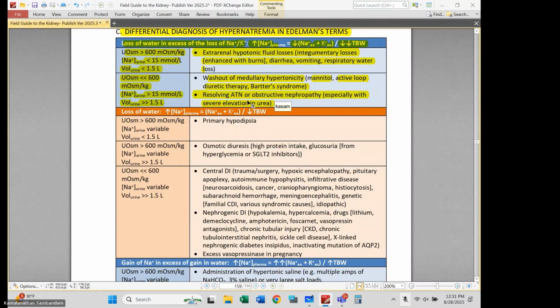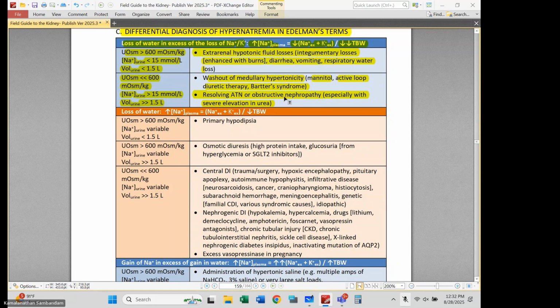That impairs the gradient for water reabsorption in the collecting duct, resulting in excess free water loss. So you can predictably address that by ensuring that post-obstructive diuresis is managed with a hypotonic fluid, as opposed to giving a patient who's dumping half a liter an hour normal saline.